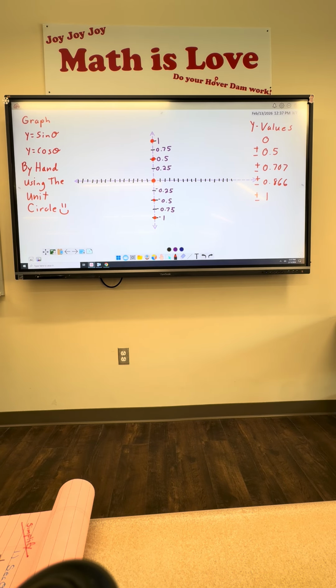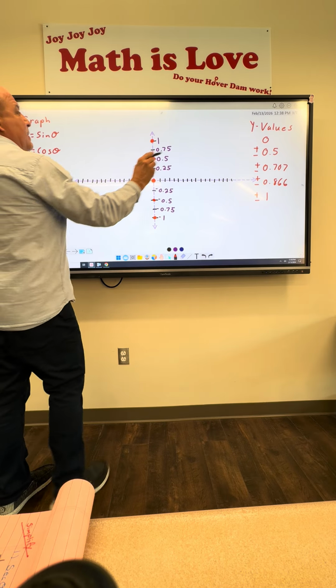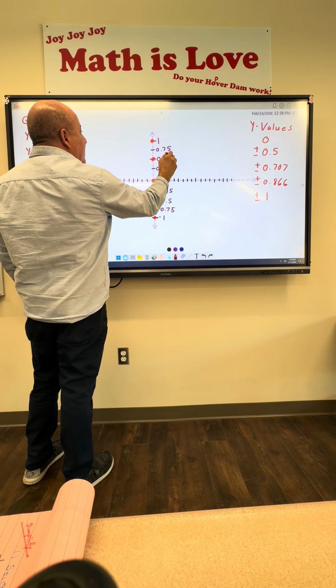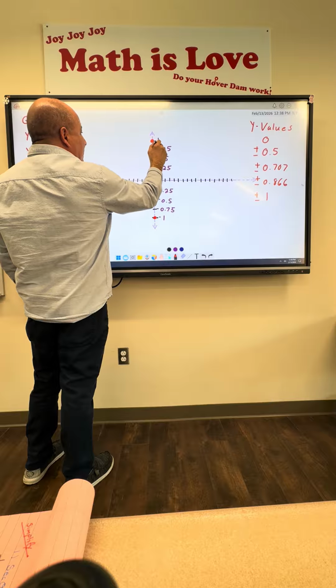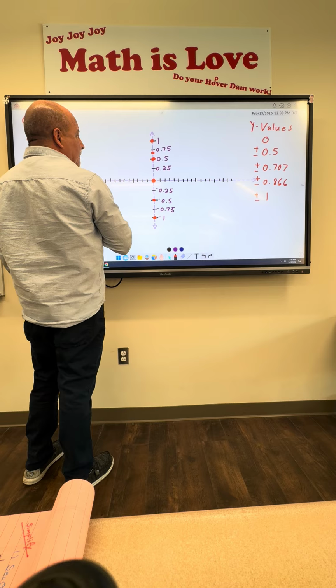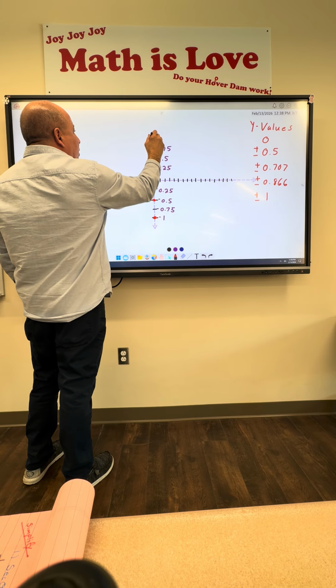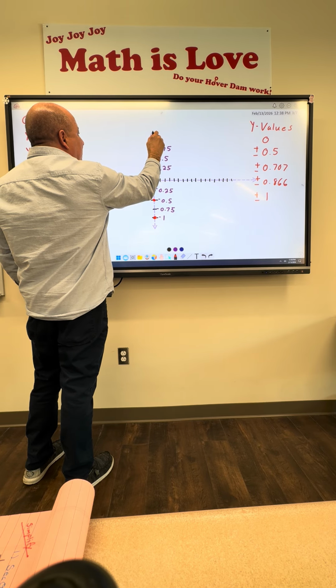Every time you plot the 0.707 or the 0.866 dot, you're going to have to estimate. You're going to have to just get close. Hopefully you realize the 0.707 will be between 0.5 and 0.75. So maybe about here when I go to plot it. The 0.866, maybe it'll be about here.